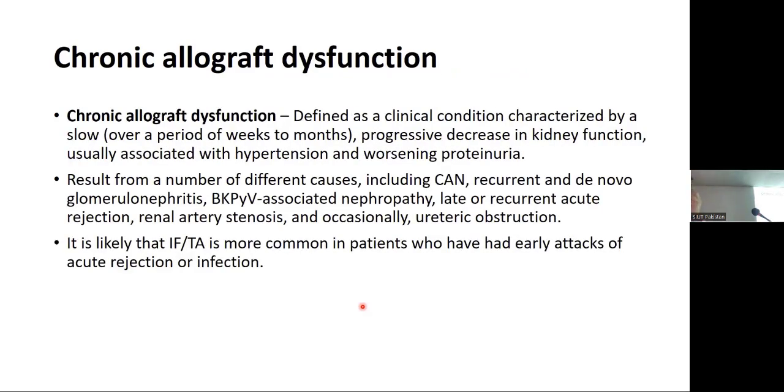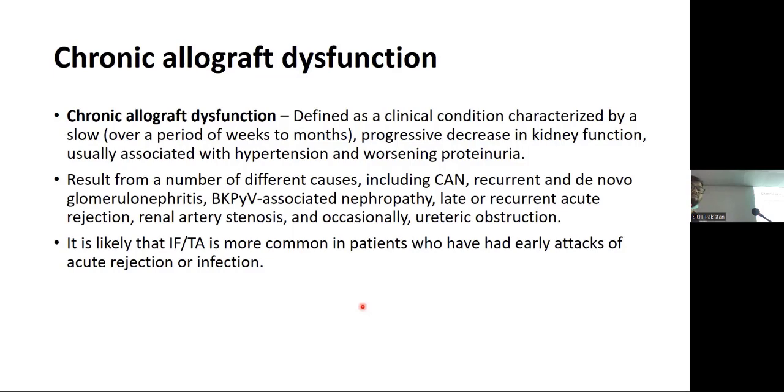Chronic allograft dysfunction is a clinical condition characterized by slowly, that is over a period of weeks or months, the kidney function deteriorates, and it is usually associated with hypertension and worsening proteinuria. It results from a number of different causes, including CAN, recurrent or de novo glomerulonephritis, BK virus associated nephropathy, late or recurrent acute rejection, renal artery stenosis, and occasionally urinary obstruction.